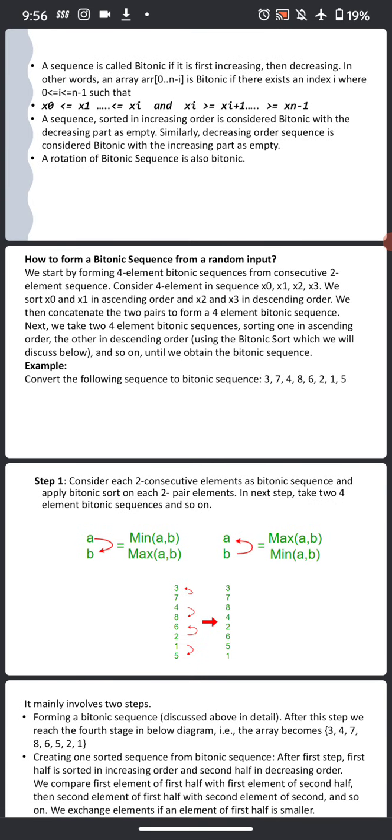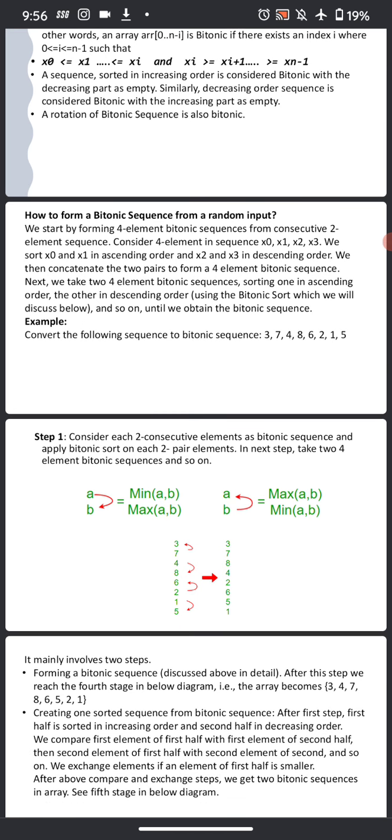Ascending: (a, b) equals minimum of a, b, maximum of a, b. Descending: (a, b) equals maximum of a, b, minimum of a, b. So you can see the bitonic sequence: 3 7 4 8 6 2 1 5 becomes 3 7 8 4, where 4 and 8 are interchanged, and 2 and 6 are interchanged, and 5 and 1 are interchanged.